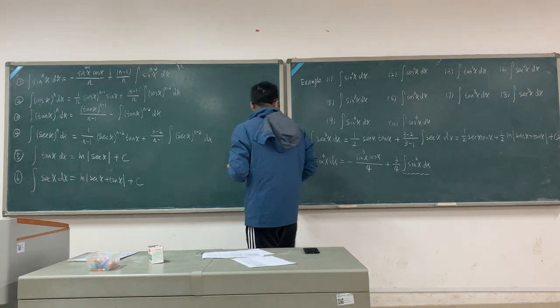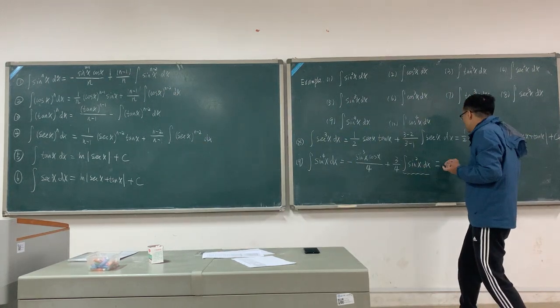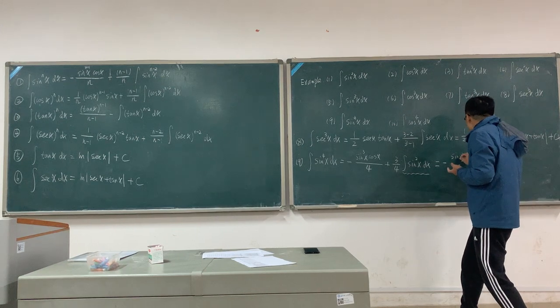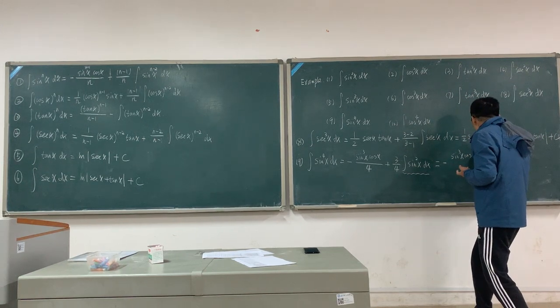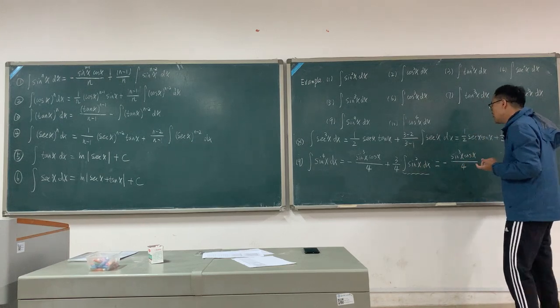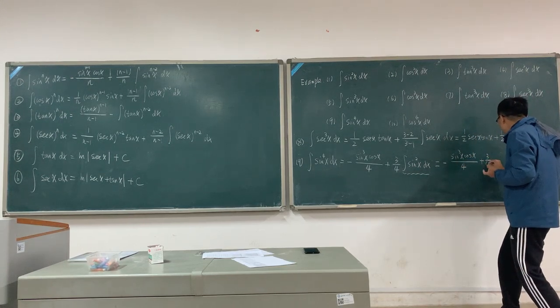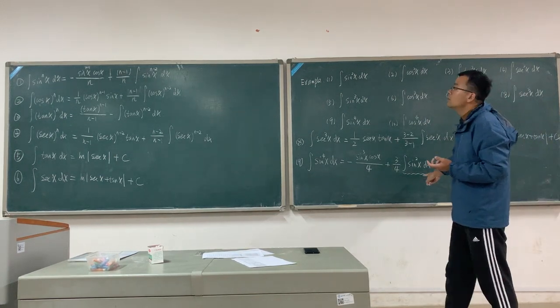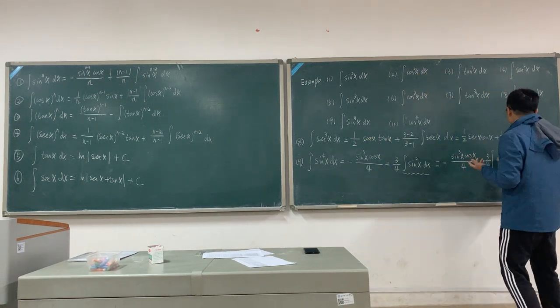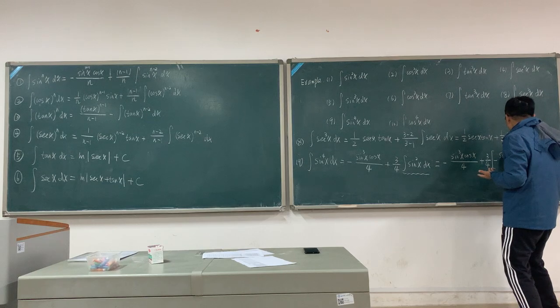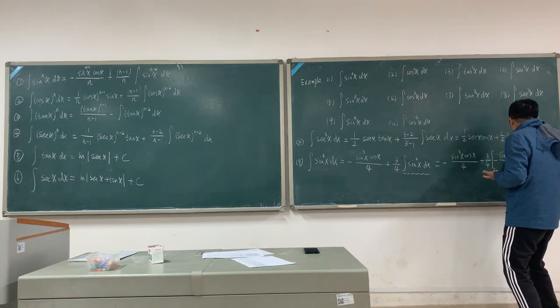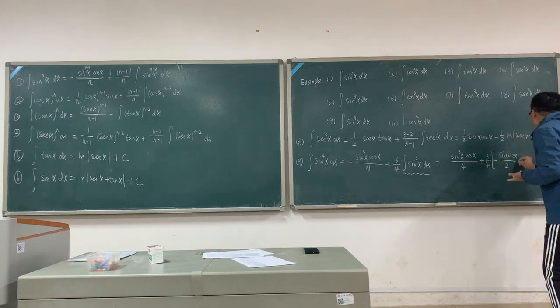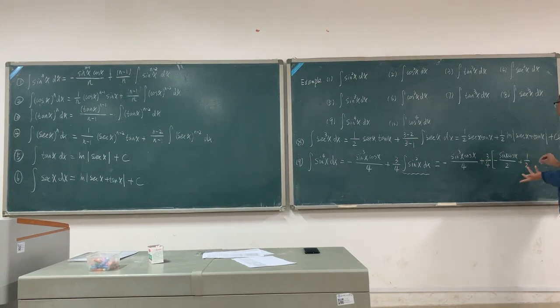So it equals minus sin x cosine x by 2, plus 1 by 2 times the antiderivative of sin x to the 0 power.